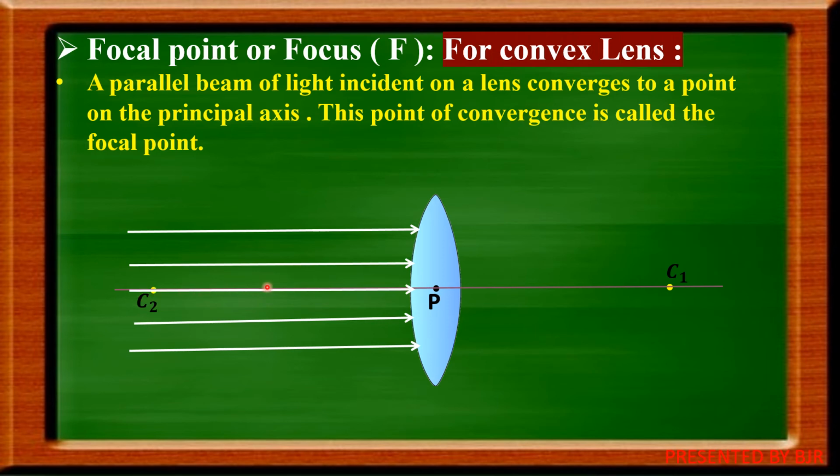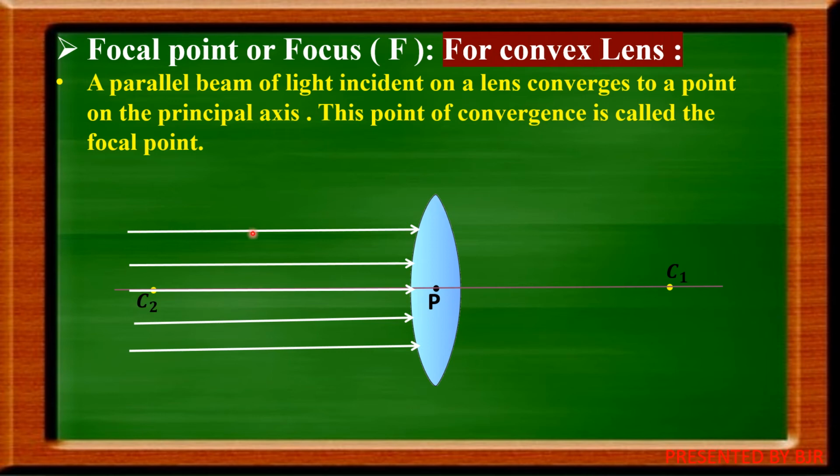All these rays are traveling parallel to one another and falling on the convex lens here. So they will get refracted here. Now, how are they refracted? We would have to draw the normals, but here it is not required. I already explained refraction of a ray of light at curved surfaces in the previous videos.